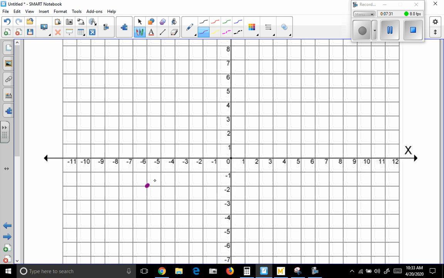Then if we want the radius, the radius is the square root of the x component squared plus the y component squared. So 36 plus 4 is 40. 40 is 4 times 10, so the square root of 4 times the square root of 10, so that's our radius.